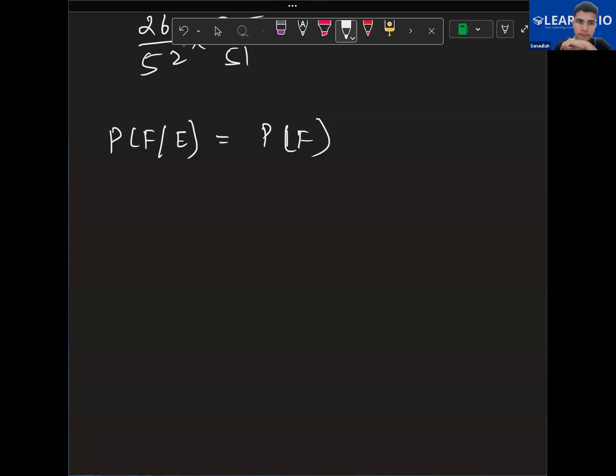Here the probability of E should not be zero because that will be in the denominator. And probability of E given F can be written as probability of E, right?